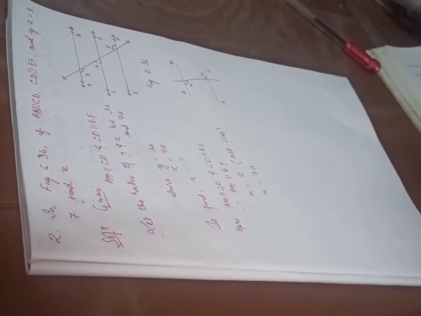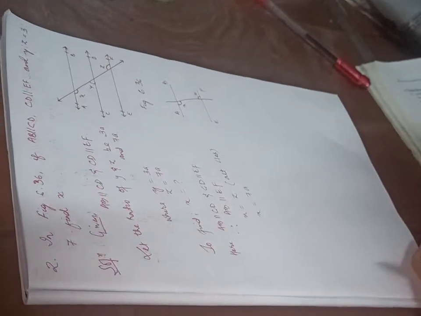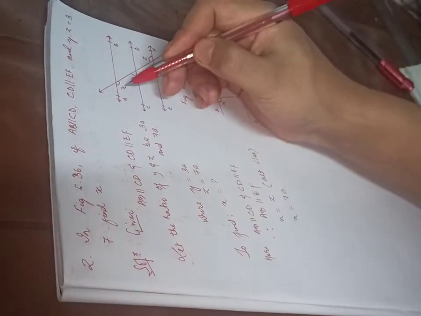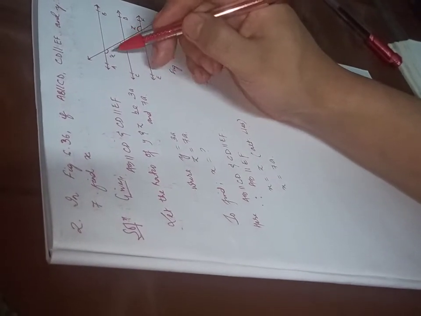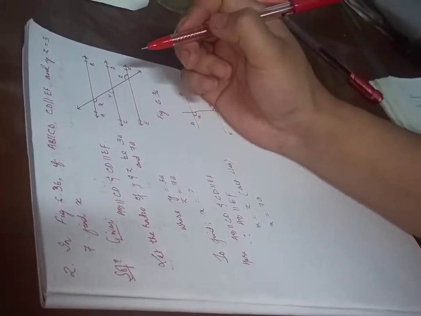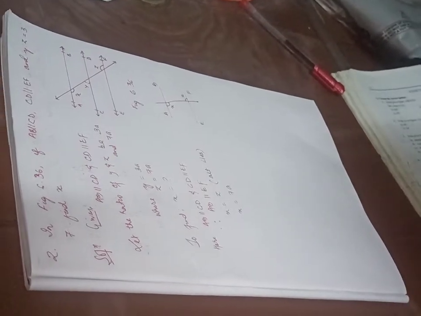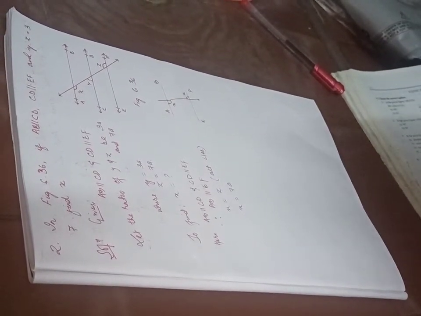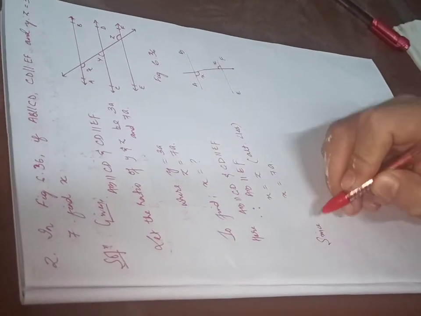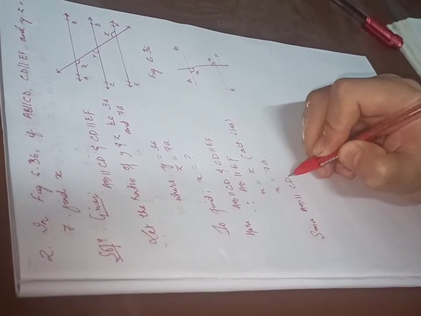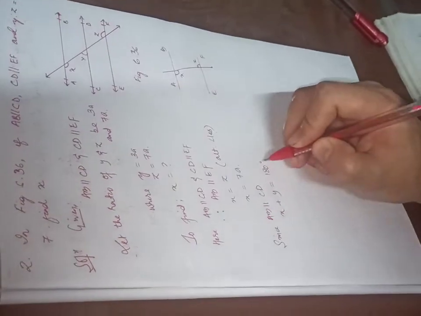Is it okay? So now we got the value of X as 7a and we have the value of Y as 3a. If you take a look at the figure, you will notice that X and Y are on the same side of a transversal between the two parallel lines, right? So they form co-interior angles on the same side of the transversal. The sum of two co-interior angles on the same side of a transversal is 180. So I'm going to write, since AB is parallel to CD, therefore X plus Y is equal to 180 degree.